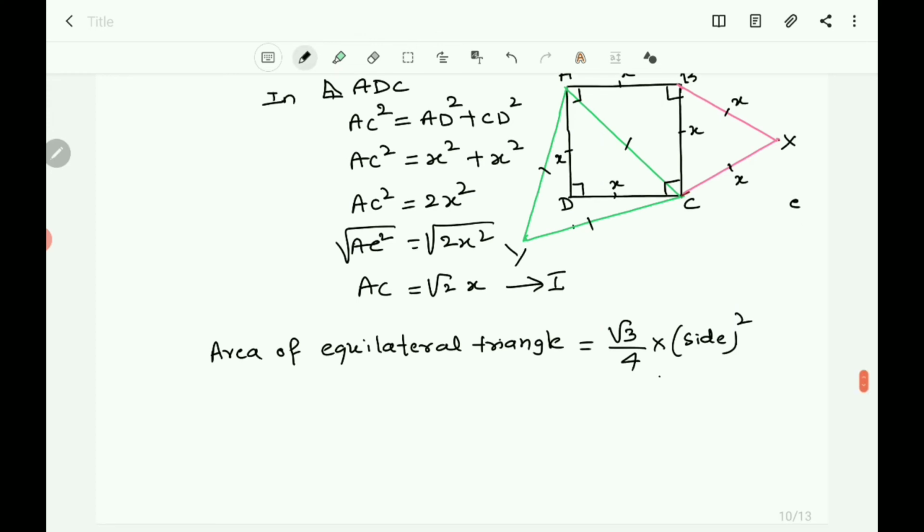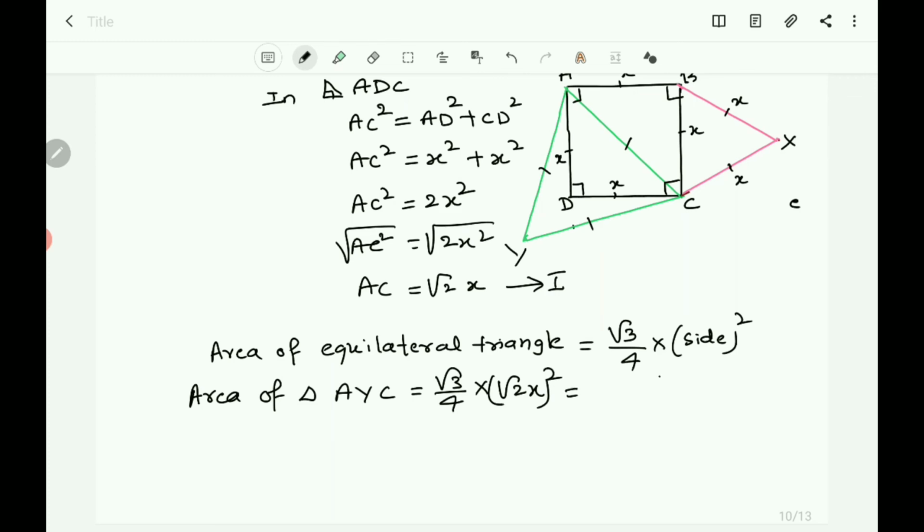So you write area of triangle AYC is equal to root 3 by 4 into the side, which is here root 2 x, whole square.